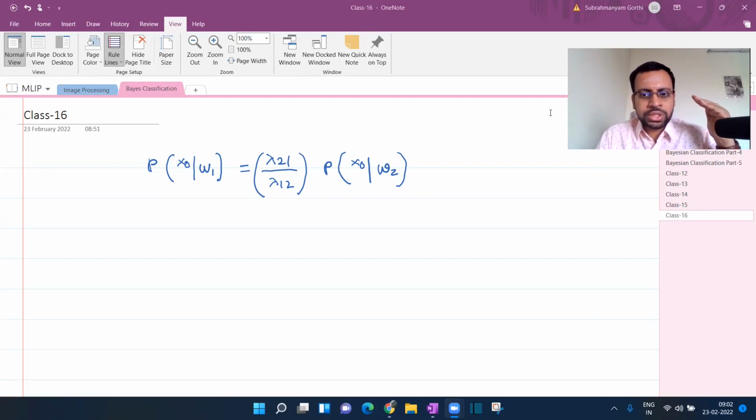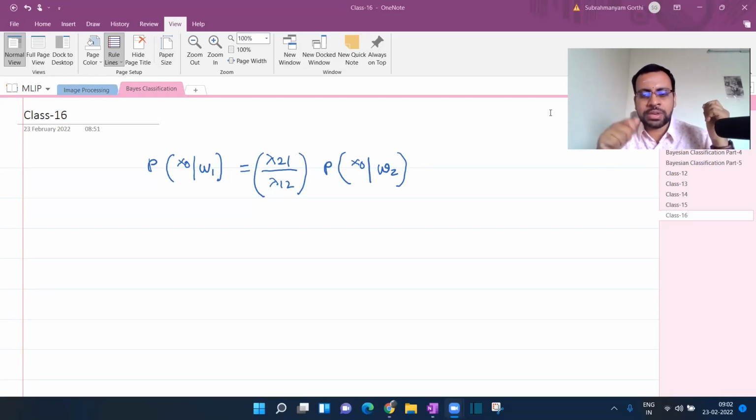So in summary, there are at least two things that we have looked at in the last couple of classes. One is, how do you make a classification when your objective is to minimize the total probability error that you are going to commit? So that's the first thing we have looked at. Second thing we have looked at is how do you perform a classification when your objective is to minimize the average risk?